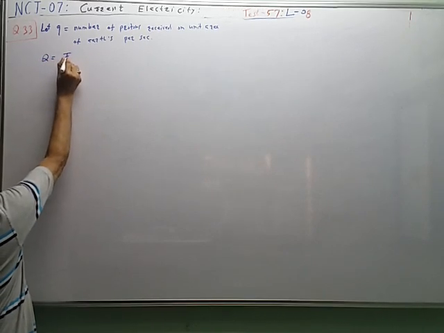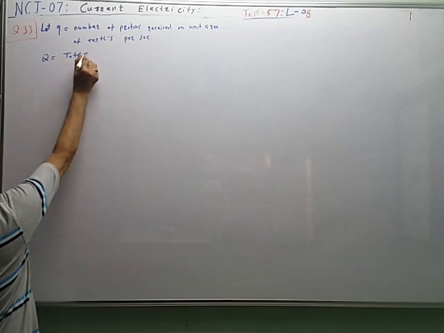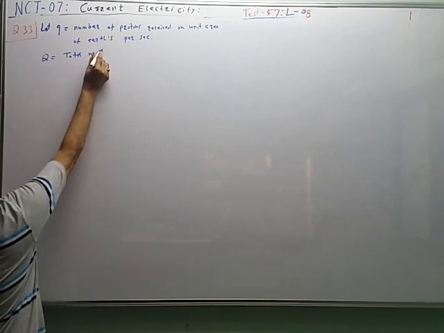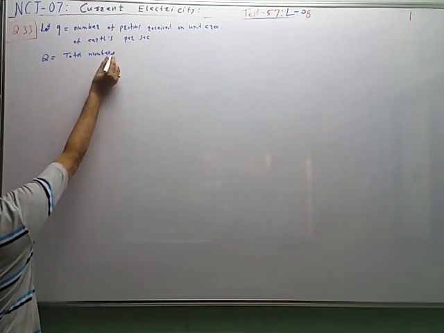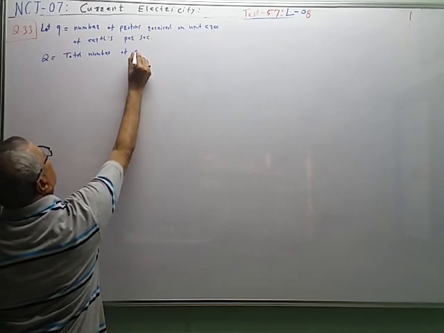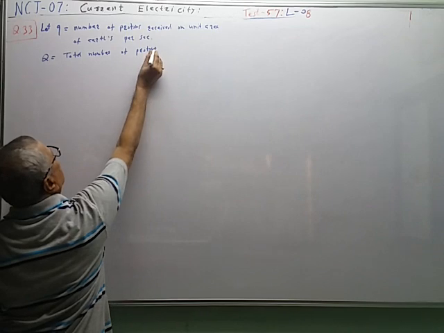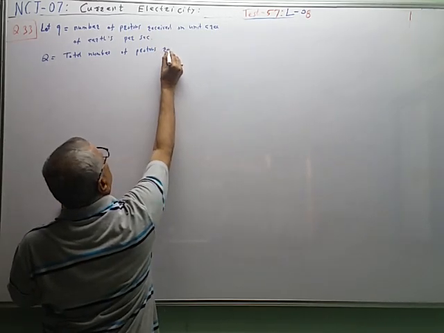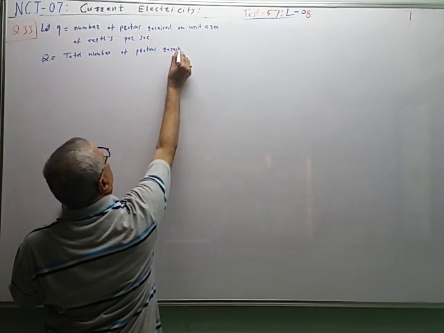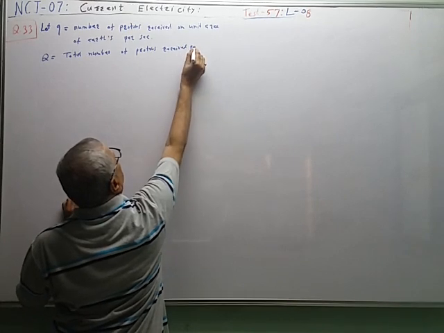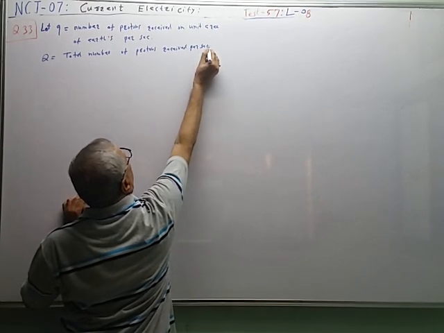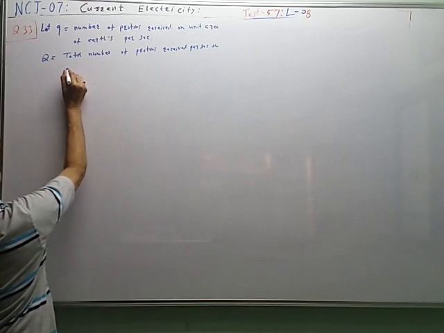Capital Q is equal to total number of protons received per second on Earth surface.